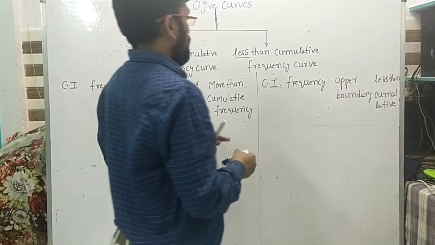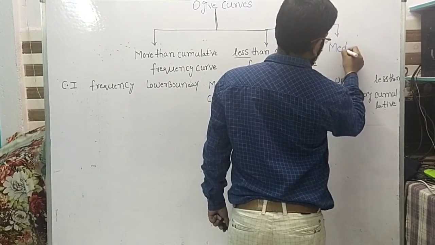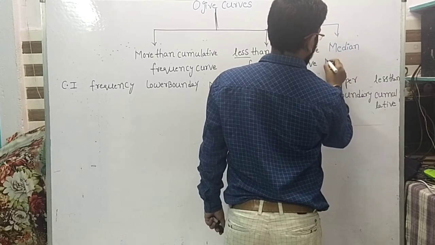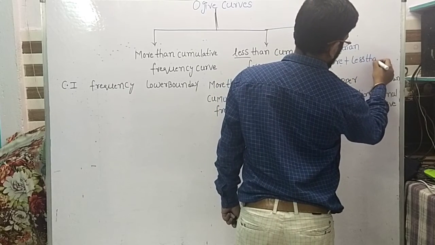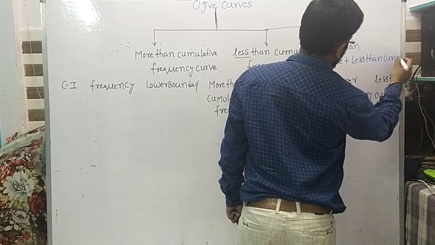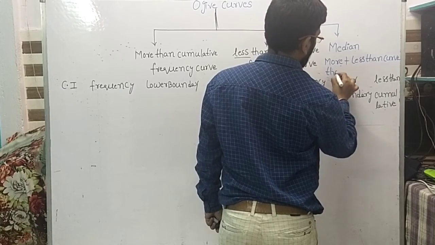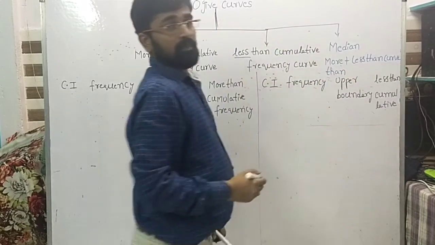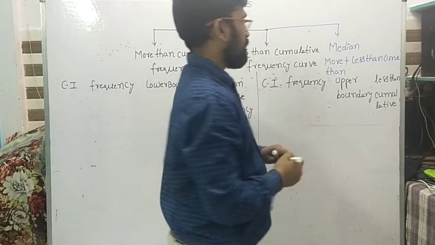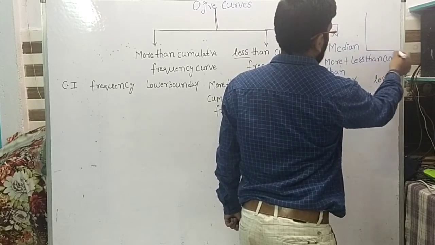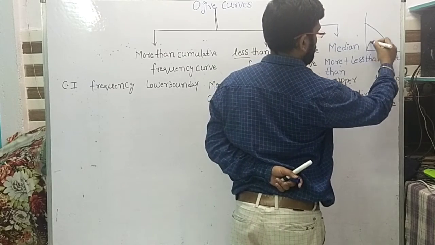Next is the median. Both curves together, the more than and less than curves, are used to find the median. If you draw the graph, the less than curve comes like this and the more than curve goes like this.